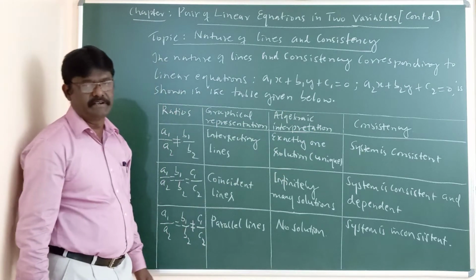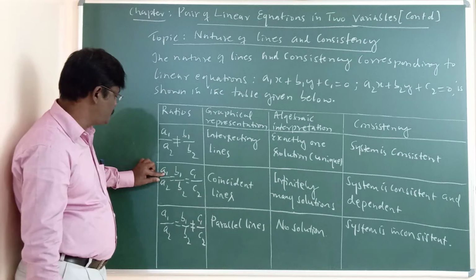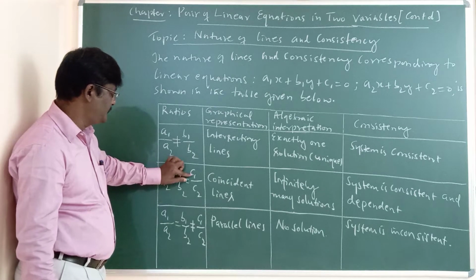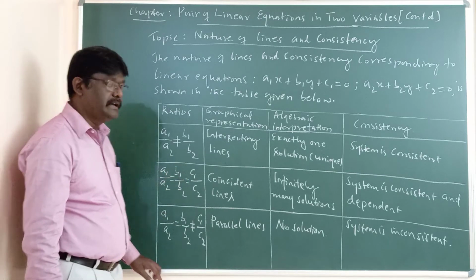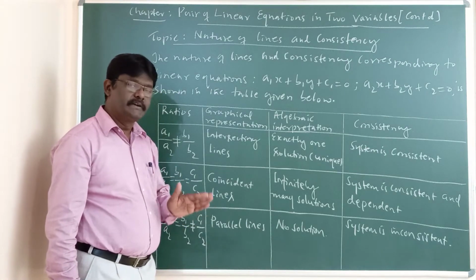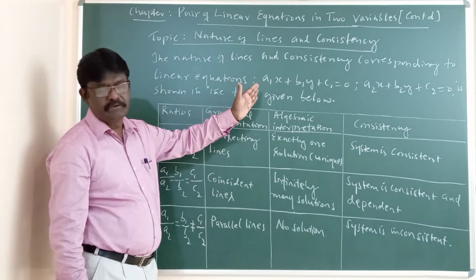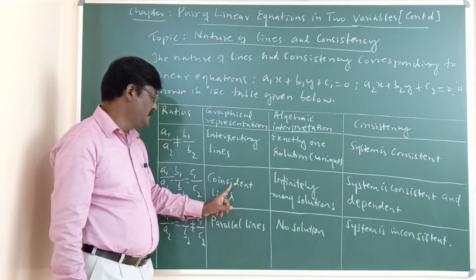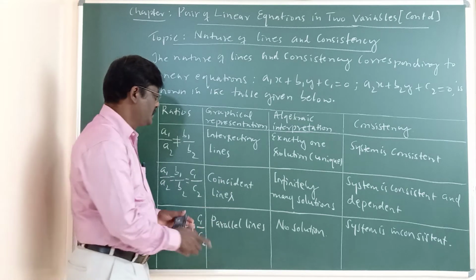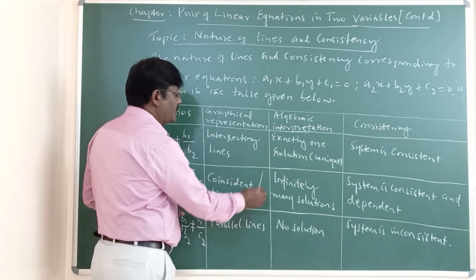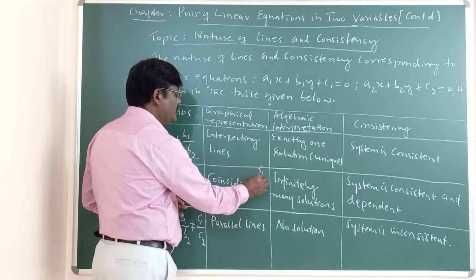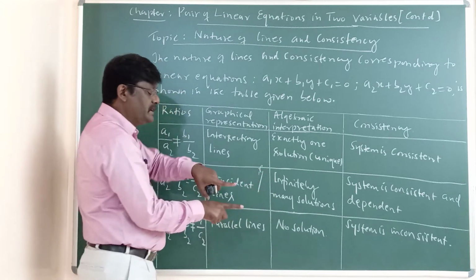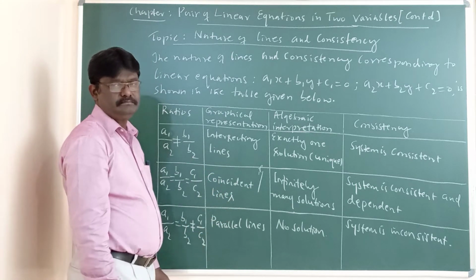If the ratios a1 by a2 equal b1 by b2 equal c1 by c2, then in graphical representation, of course, we will have two lines because we have two equations. What about those two lines? They are coincident lines, meaning one line lies on the other; L1 and the line L2 of the second equation coincide with each other.